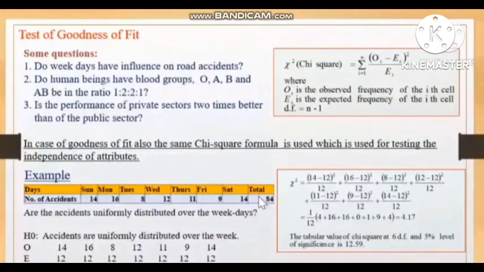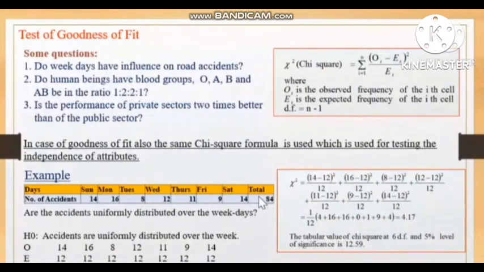So we would expect that on Sunday there should be 12 accidents, on Monday 12, on Tuesday 12, and in this way on Saturday 12 accidents. So the number of accidents is uniformly distributed. This is our pattern in our mind.